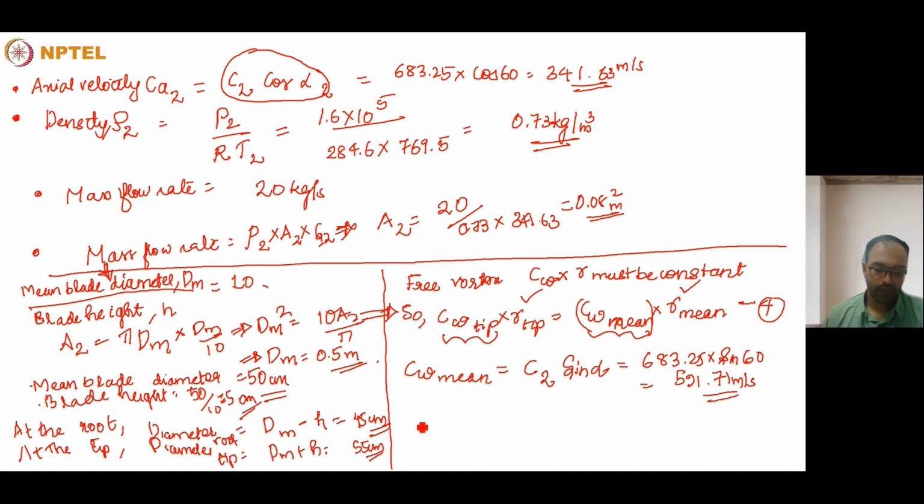So we have calculated CW mean. Therefore, CW, the tangential velocity component at the tip is equal to CW mean into R mean divided by R tip.